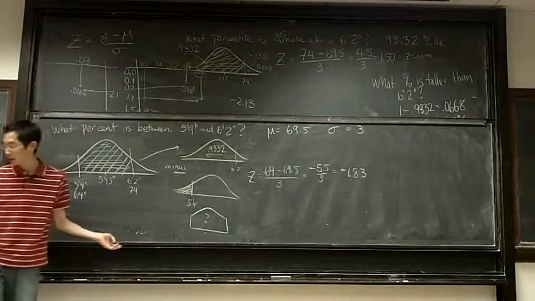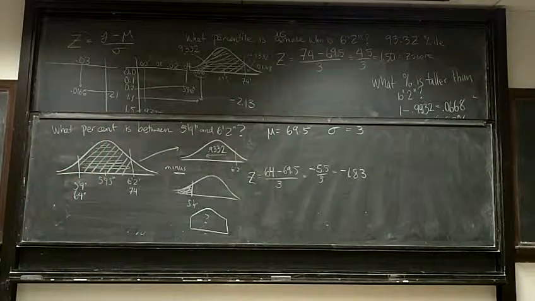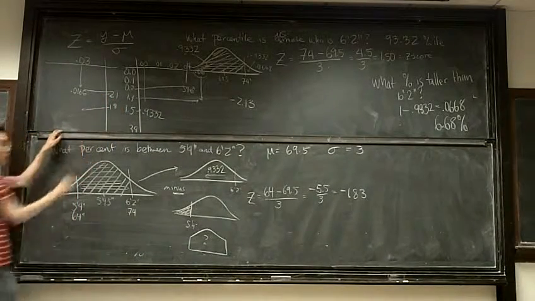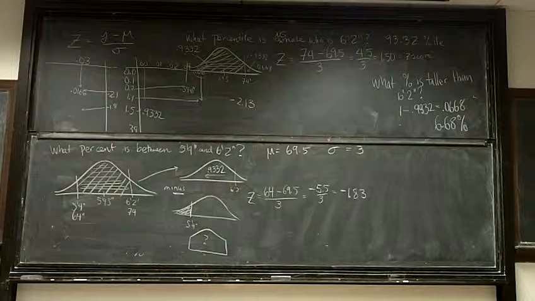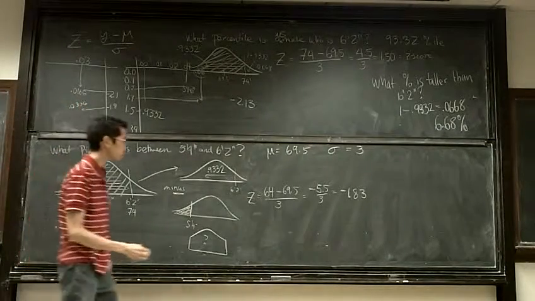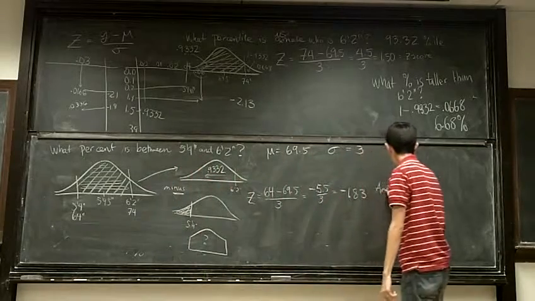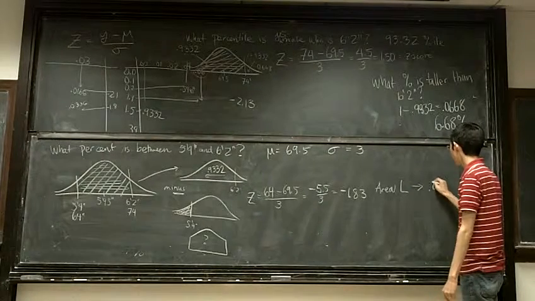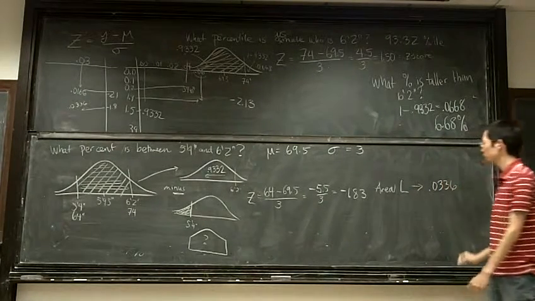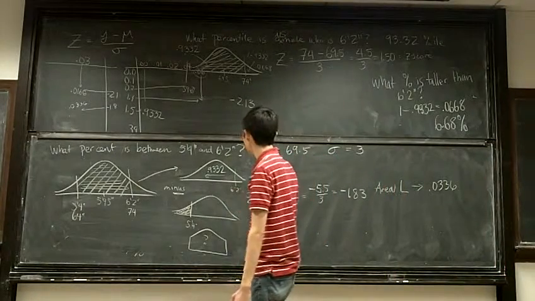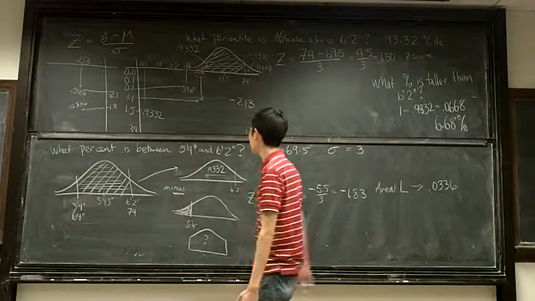What is the area to the left of negative 1.83? We go to the negative 1.8 row and the 0.03 column, and that is 0.0336. So the area to the left of negative 1.83 is 0.0336, and the area to the left of 6'2", or 74 inches, is 0.9332.